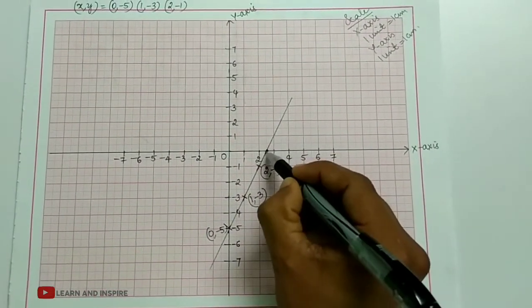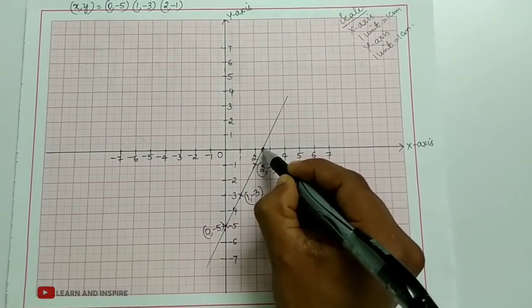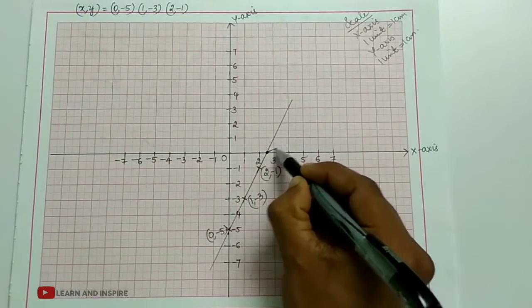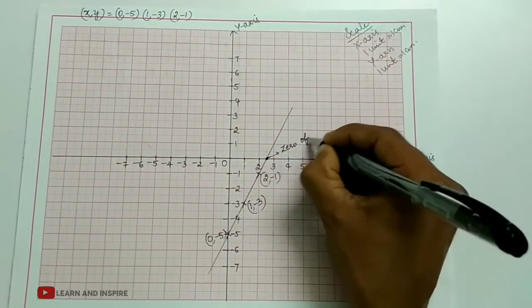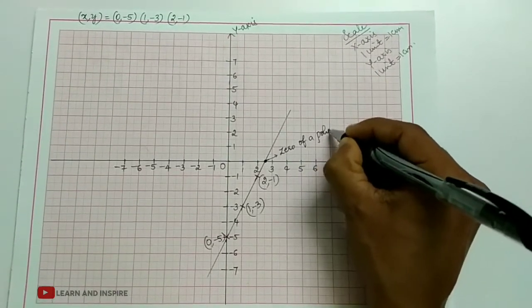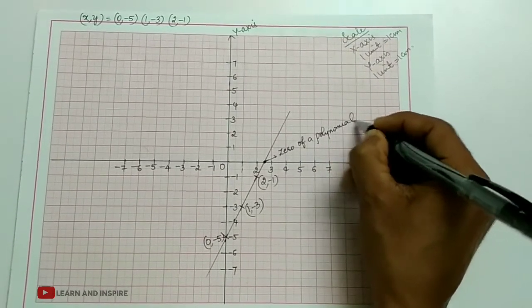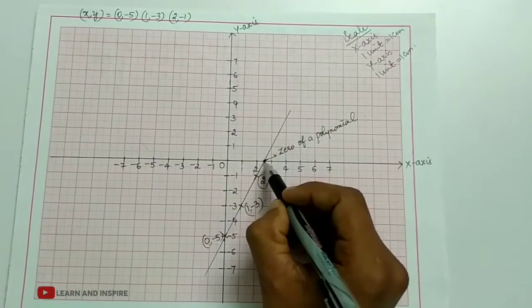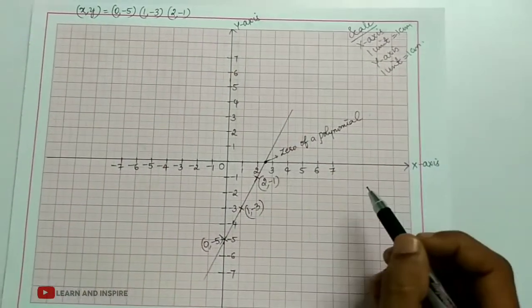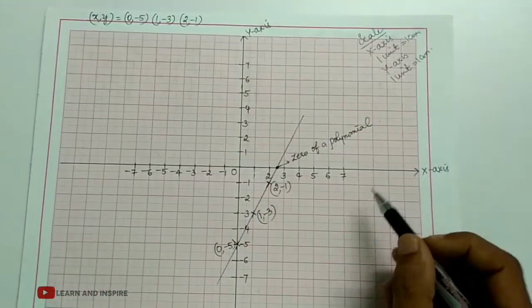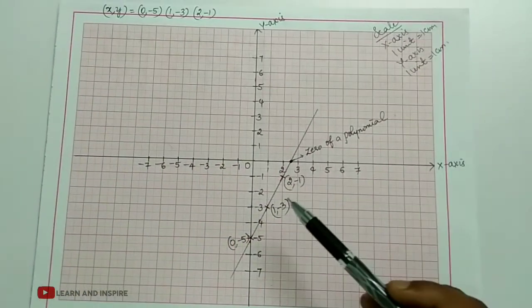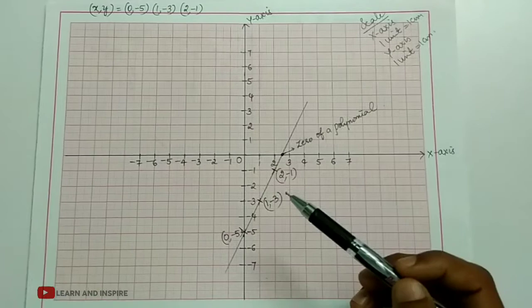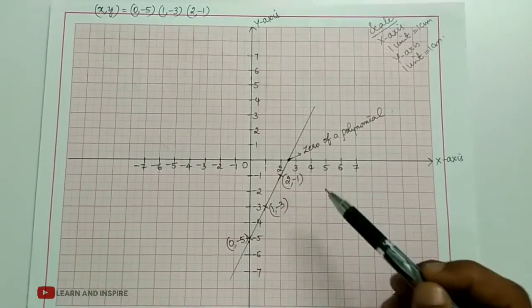The line intersects the x-axis, and that point we represent as the 0 of the polynomial. So this is nothing but the 0 of the polynomial. If I substitute this value in the given polynomial, we get 0. Understood how to represent the given coordinate points in the graph? So this is the graphical representation of a linear polynomial.